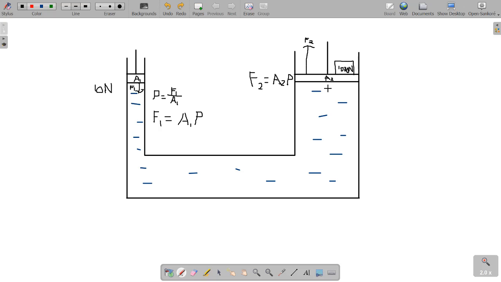Basically, you can use this formula, F2 over F1 equals A2 over A1, to figure out how much the resultant force would be over here when you exert a force here.